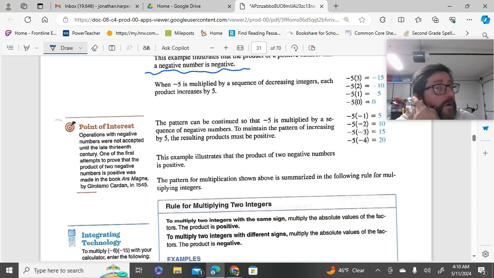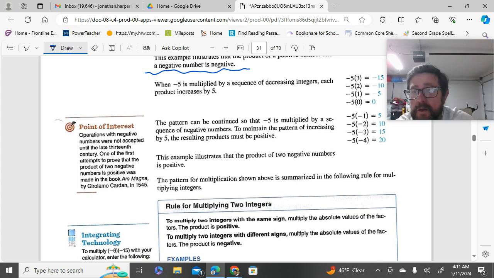Now, the pattern can be continued so that negative 5 is multiplied by a sequence of negative numbers to maintain the pattern of increasing by 5. The resulting product must be positive. So a negative times a negative is going to be a positive.